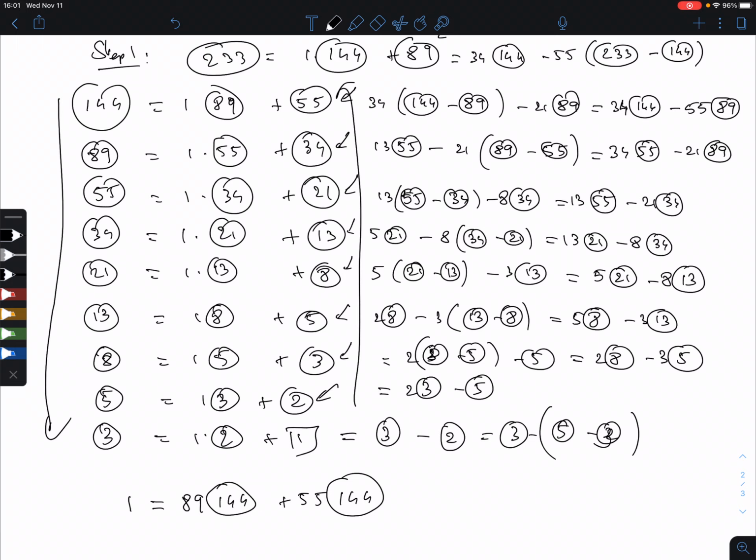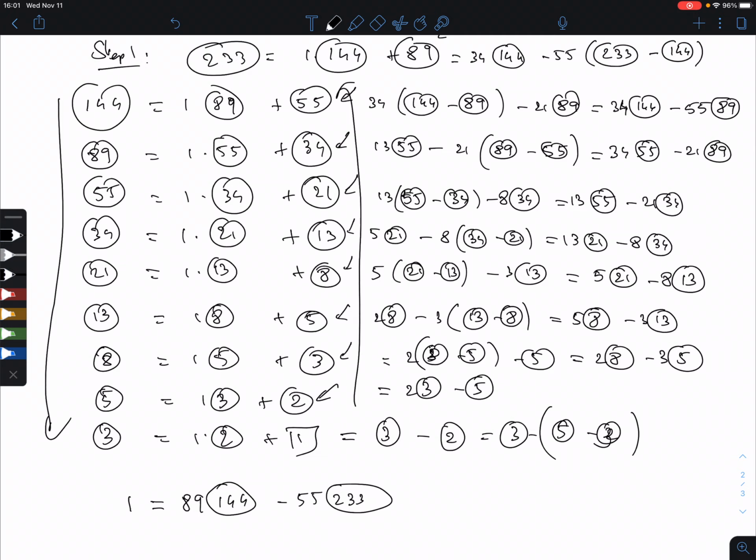No, minus. Where am I getting this one from? Sorry. No, let me rewrite this. Okay, so we had 89 times 144, and then minus 55 times 233. Okay, now we're good.